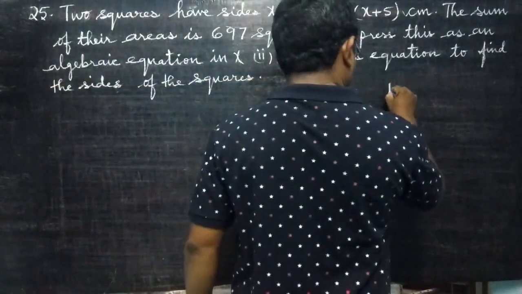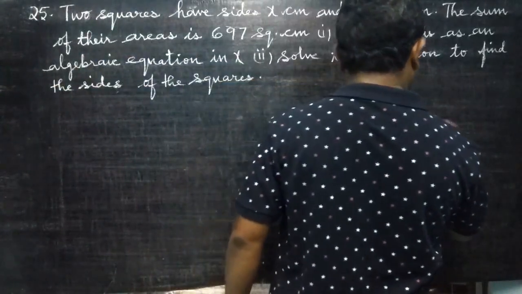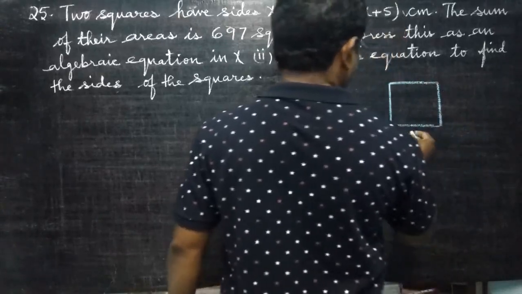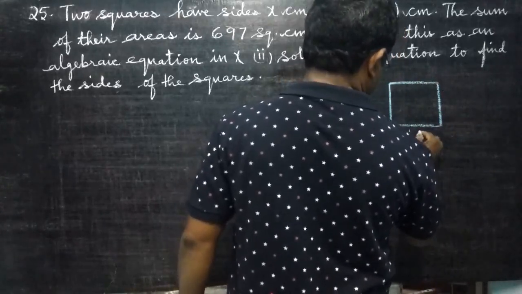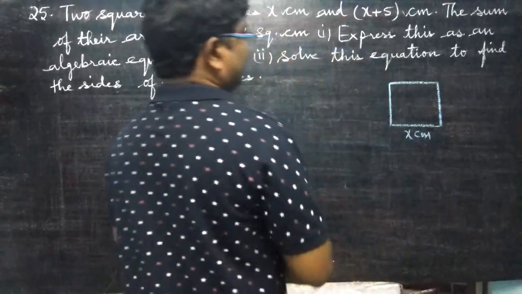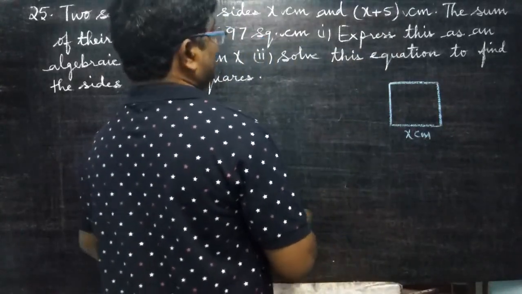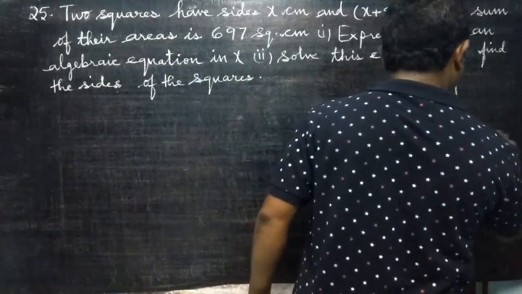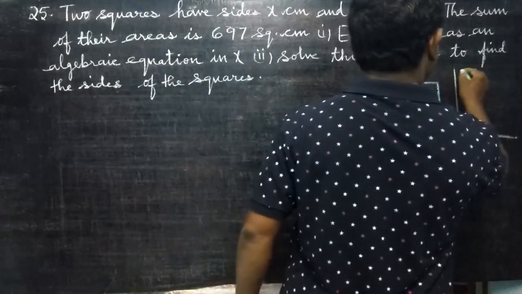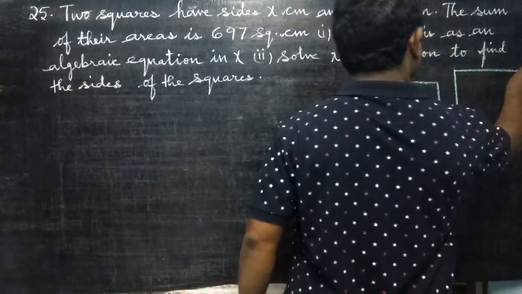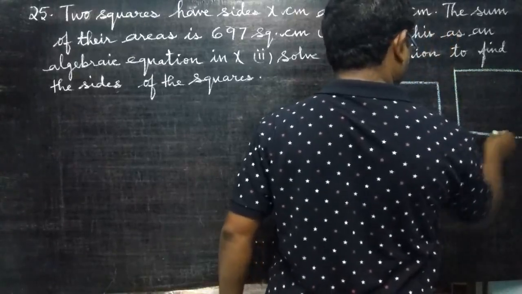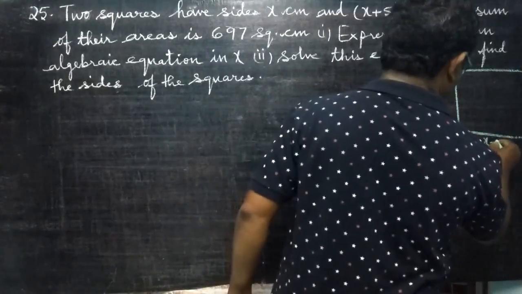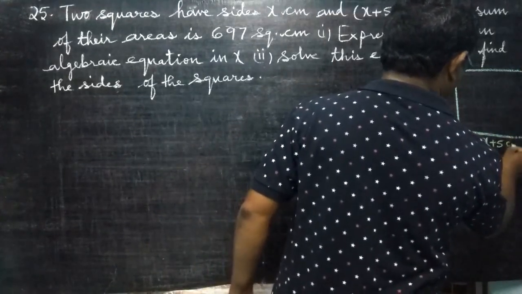So one square is with side x centimeters. Another square is with side x plus 5 centimeters.